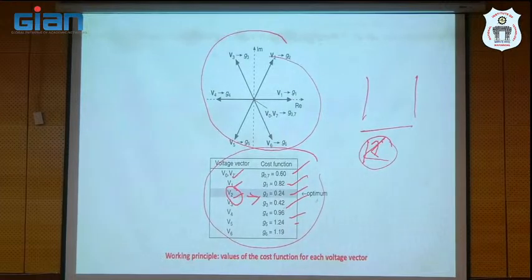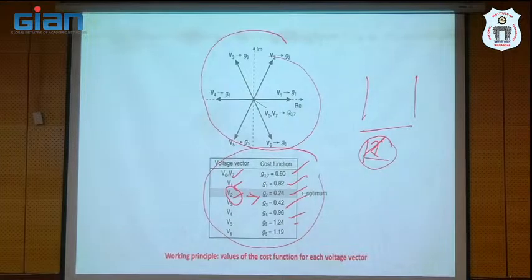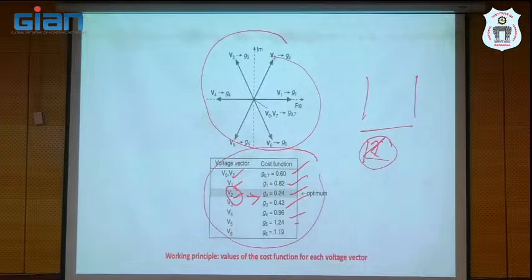Your cost function becomes very, very less if you select V2. So V2 is the optimal voltage vector. It is called the optimal voltage vector or predictive voltage vector for the next sample. If you apply V2 at the next instant, your error will definitely come down.